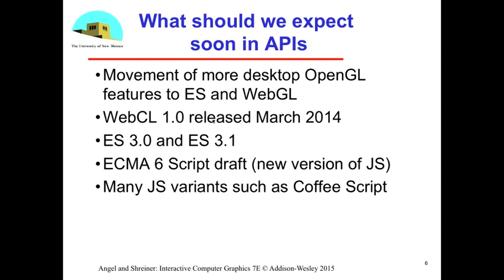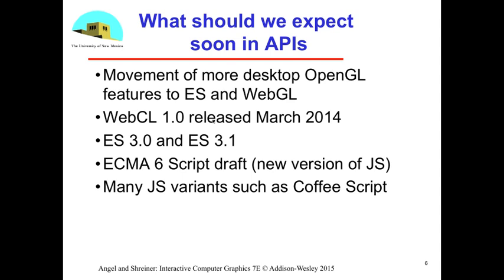3.0 has been around for about a year, and so if we continue to see the path of WebGL being an implementation of ES, then we can expect to see the things that are in 3.0 and 3.1 fairly soon. Another possibility is that there'll be some decoupling of WebGL from ES.